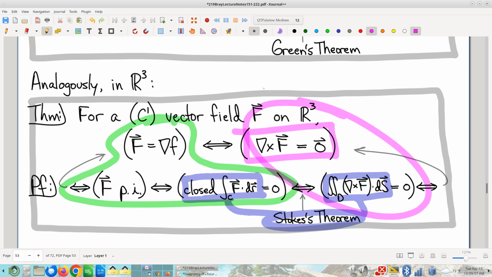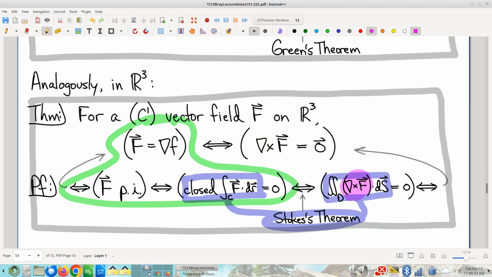If the curl is such that all fluxes of it are zero, no matter what surface you're looking at, how could that be? What could curl possibly be for all of its fluxes to be zero through every surface you could possibly imagine? Well, it's got to be zero. So same morally equivalent argument there.